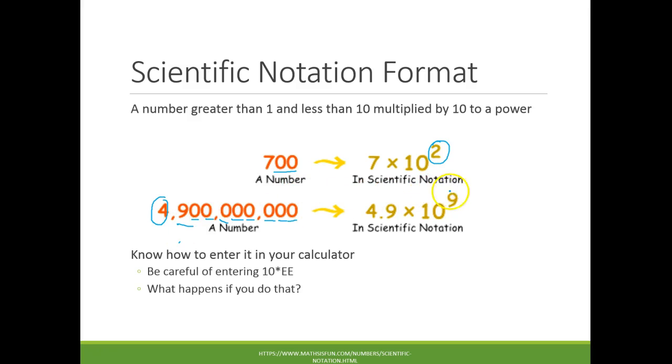So the zero rule works okay, but what you're really looking for is how many numbers are there past the decimal. This works both when you're trying to increase or show that you have a larger number, like these examples here, or show that you have a smaller number, which we'll look at in a second.